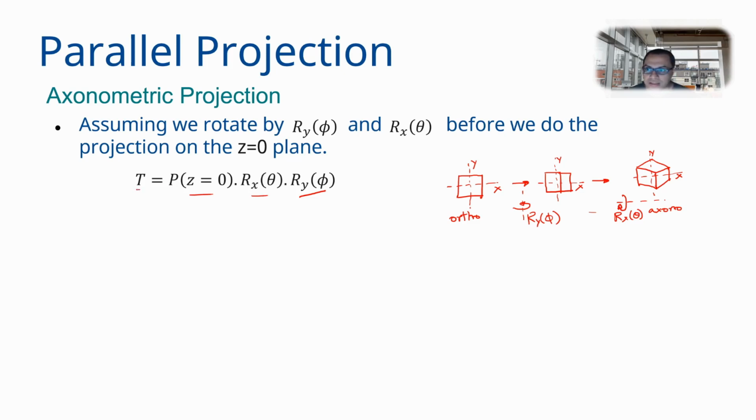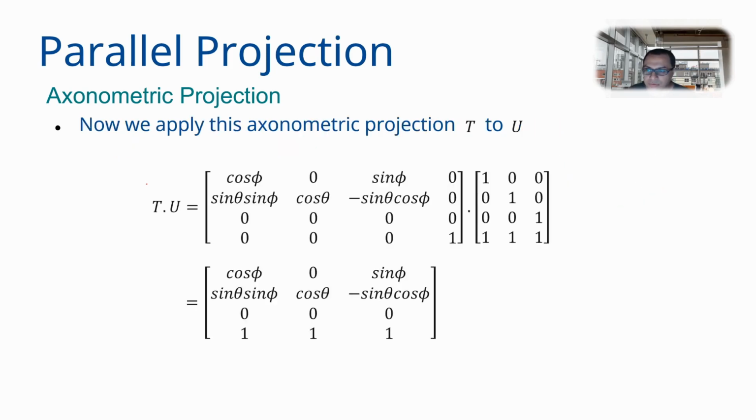So how does this matrix look? If we construct this matrix, then you will find that the matrix T looks like the following, right? So this is just a product of Ry phi and Rx theta.